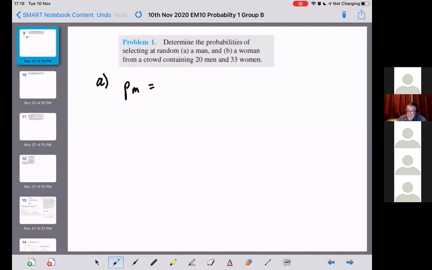Is it 1 minus 20 over 53? Why 1 minus 20?